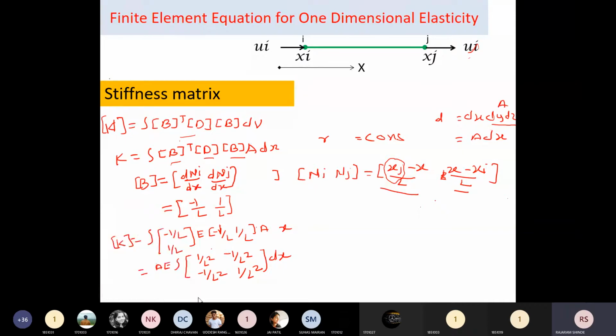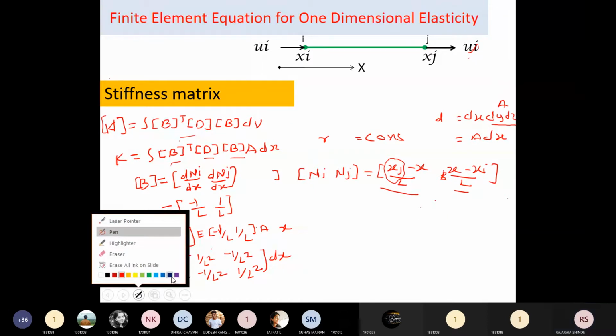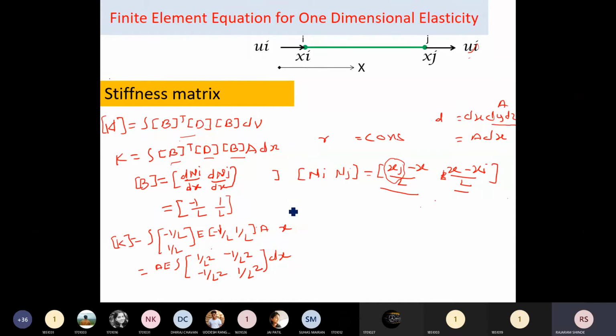Okay, so I will change the color here. If I write the K equal to AE, now if you go for this matrix, can I take 1 upon L square common, that is L square from the denominator? Because you will get this term here also, here also, here also, and here also.